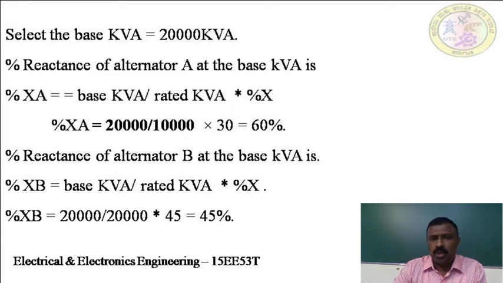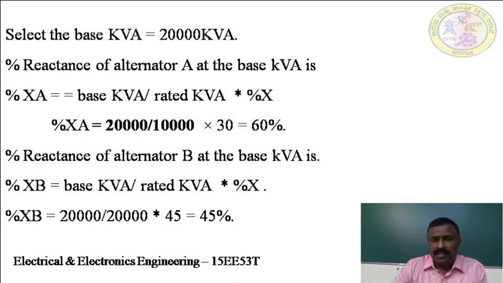This is equal to 20,000 by 10,000 into 30. So you will get it as 60%. Now this 60%, we can call it the percentage reactance at the new base kVA.